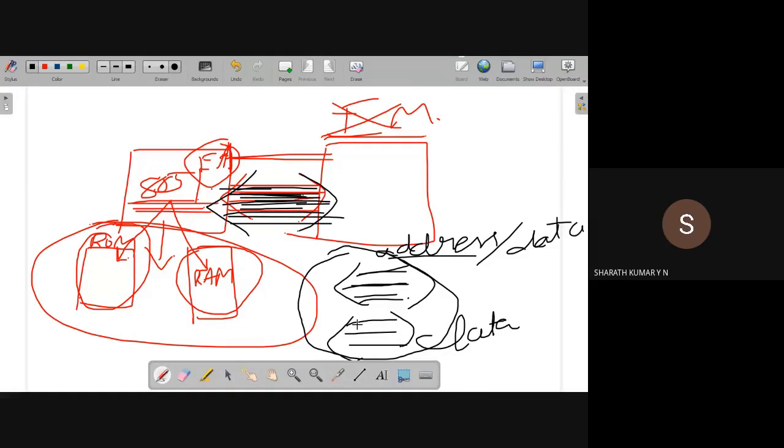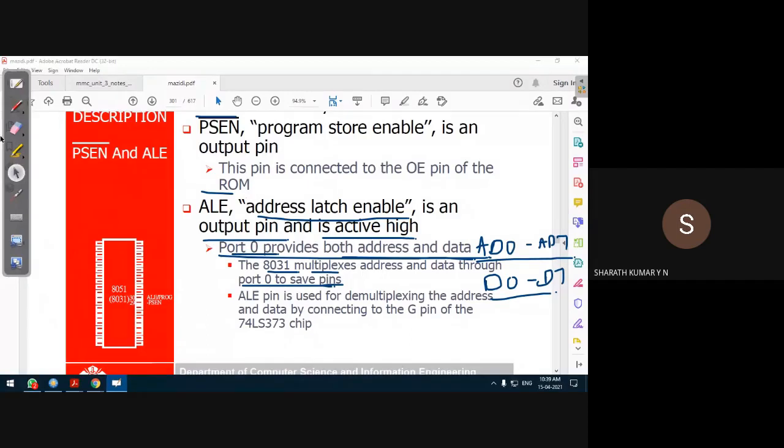That is expensive and more space consuming. So it is better to multiplex. Multiplex means combine, merge the functionality of address as well as data. So in an 8031 based microcontroller, it will multiplex, that is combine, address and data through port 0 to save pins, to save the number of lines. Very simple.